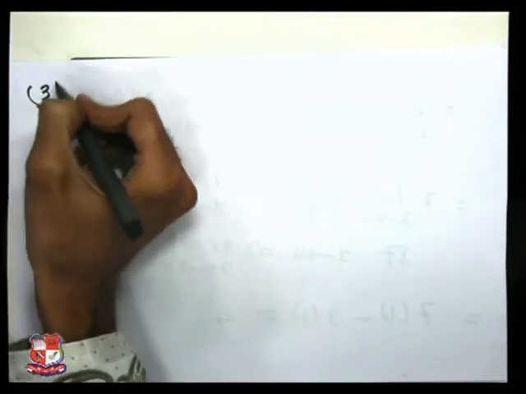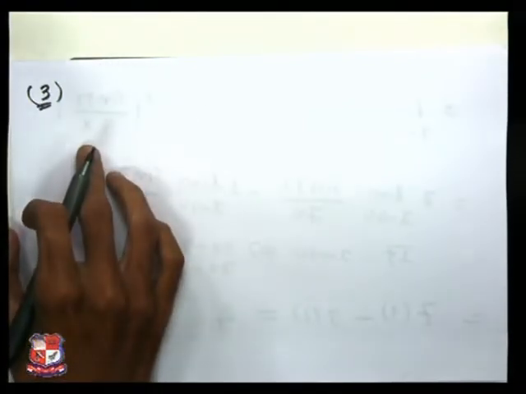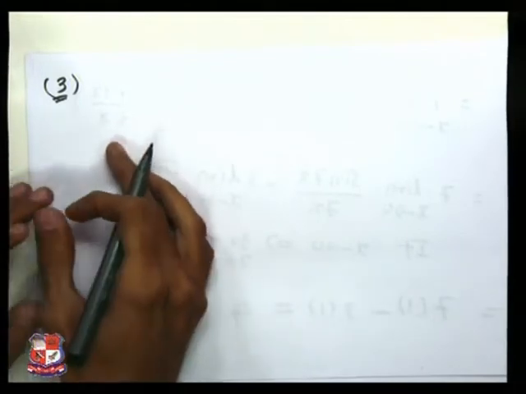So now let us try to solve example number 3 of 2b. The question is question 3 of 2b, which is from the complex side.